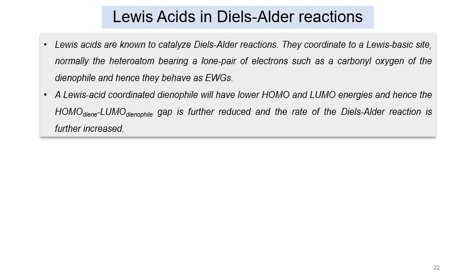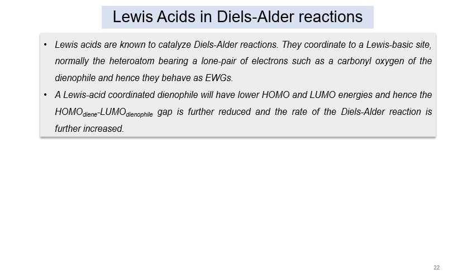And these heteroatoms will bear a lone pair of electrons, and therefore, if this Lewis acid coordinates to those heteroatoms on the Diels Alder system, they behave as electron withdrawing groups. In being electron withdrawing groups, they lower the LUMO energy.